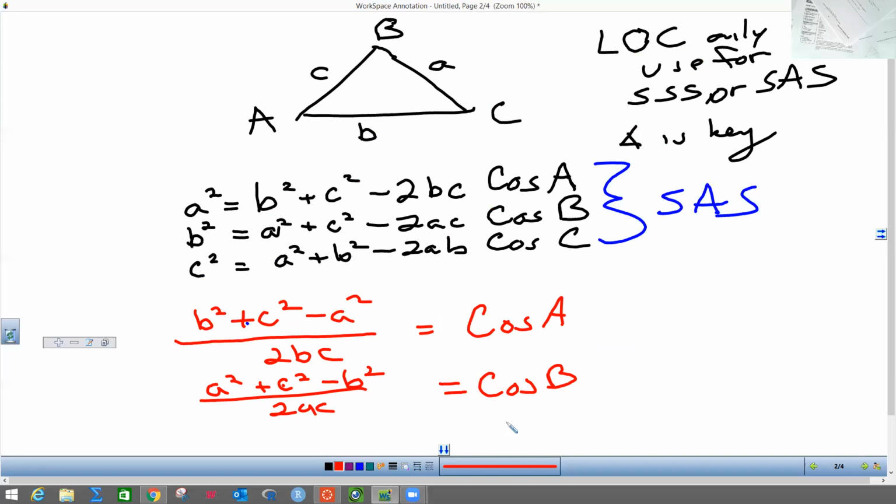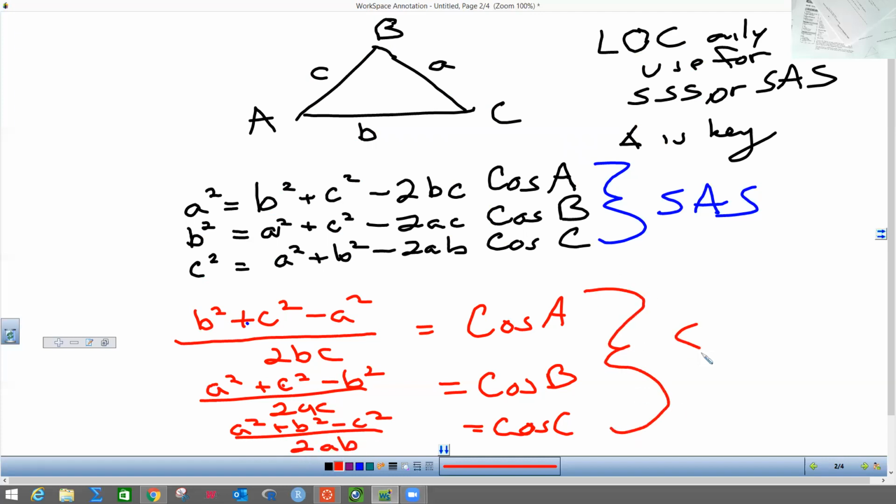And the last one would be cosine C is going to equal a squared plus b squared minus c squared all over 2ab. You're going to use this one when you have side given to you. Because we got to find the angle first, and these are the angles.